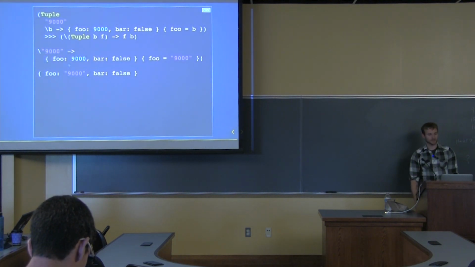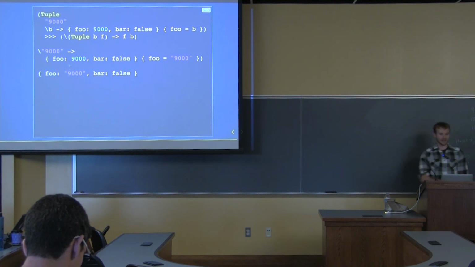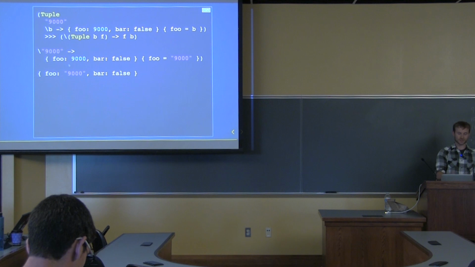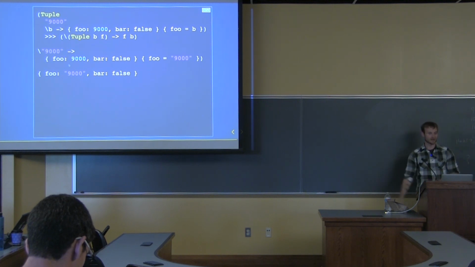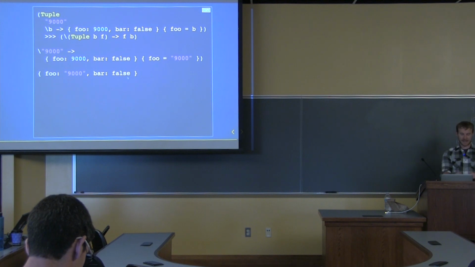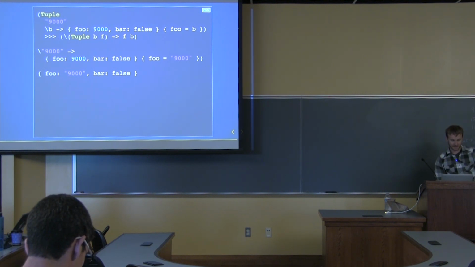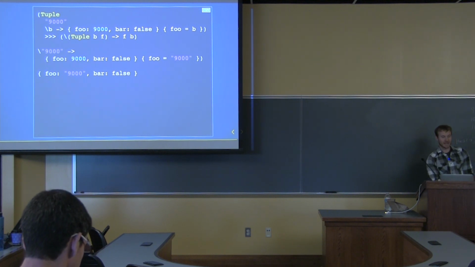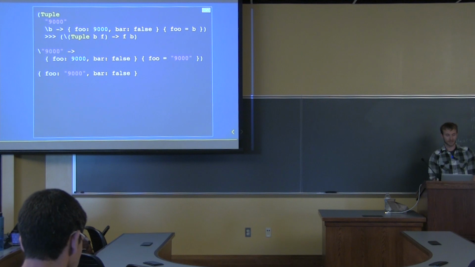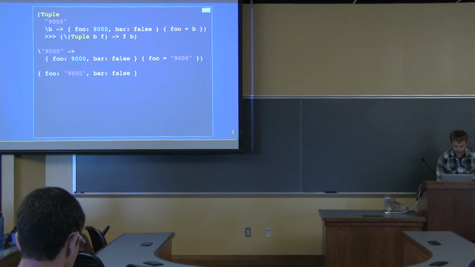And when that happens, it's going to take our tuple bf, which is tuple string 9,000, b to foo. And so when we pass that in, we take that function, the second element, the b to foo, and we apply it to the first element. So the result of that is going to be a function, string 9,000 to foo.